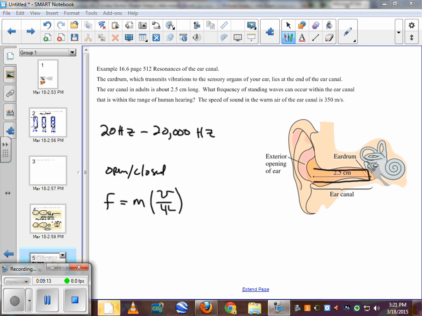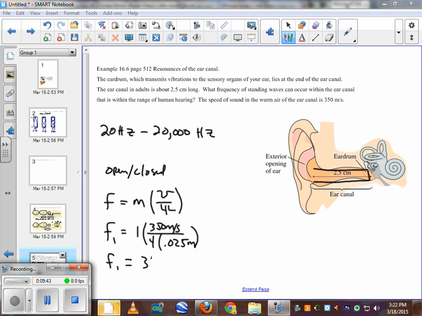Our frequency for the first harmonic is M is 1 times the velocity, 350 meters per second, over, since we're using meters, we better change our length to meters. So instead of 2.5 centimeters, it's 0.025 meters. And that frequency is equal to 3,500 hertz.